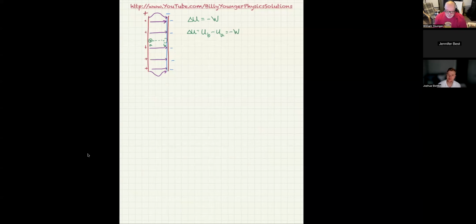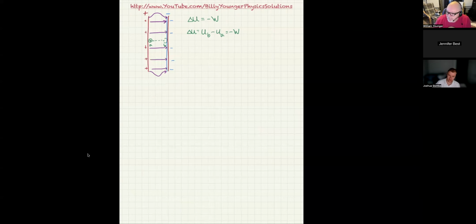It turns out the work in this case is an integral, but the force is actually a constant because the electric field's a constant. And not only that, we're going directly along the field lines, so they're parallel. So the integral of F dot dl just becomes F times L.